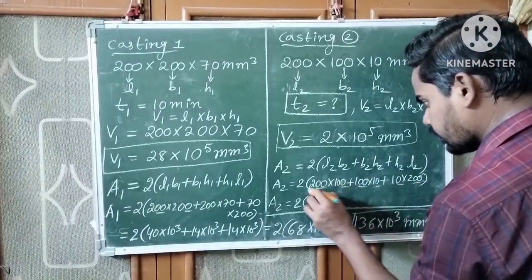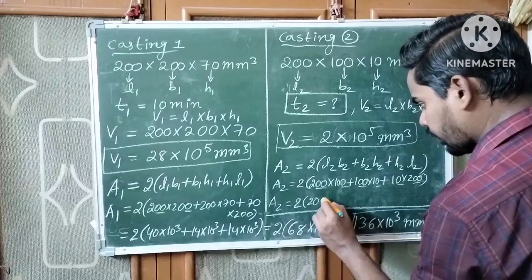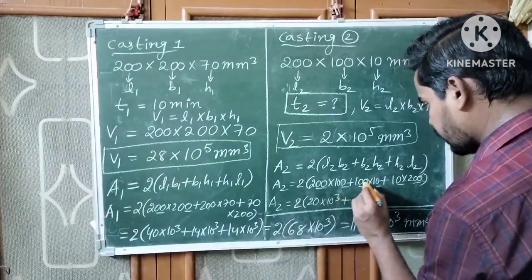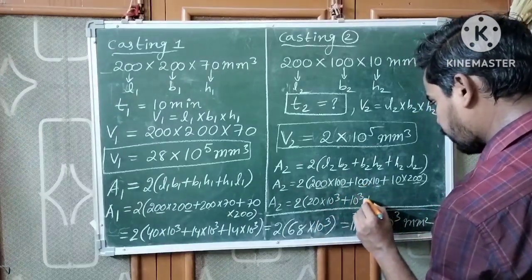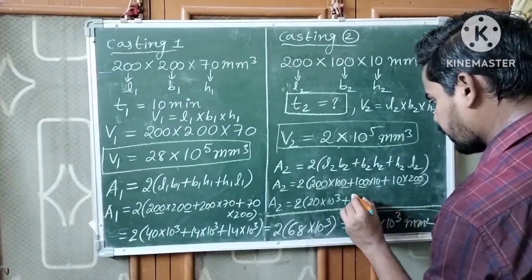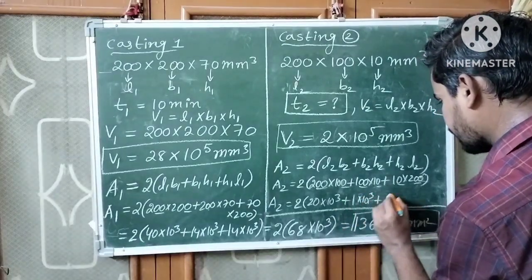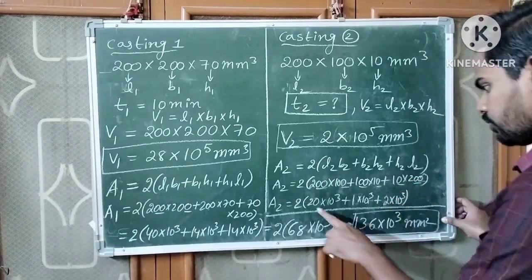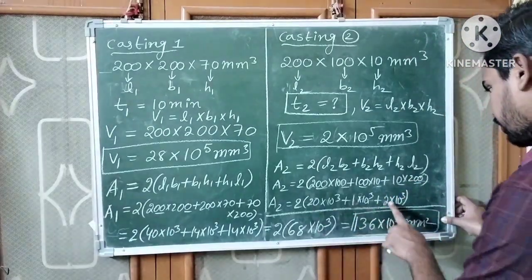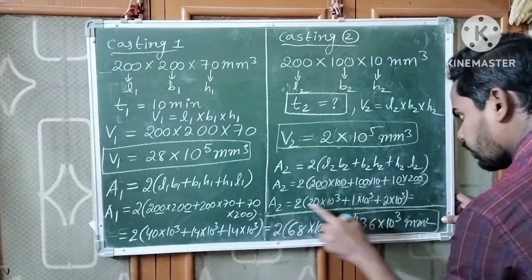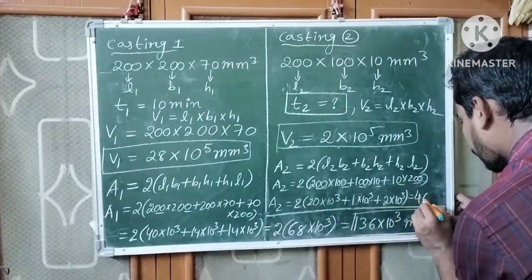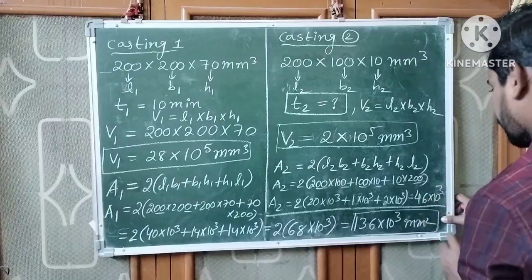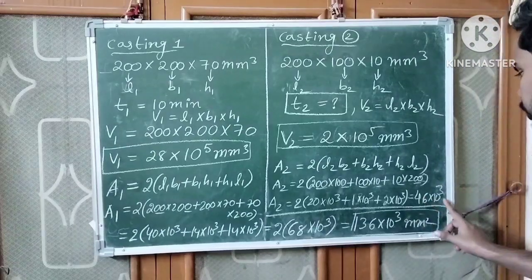Let us consider 3 zeros. 2 tens are 20, so 2 into 10 cube, plus 1 into 10 cube, plus 2 into 10 cube. So 20 plus 1 is 21, plus 2 is 23, and 23 into 2 is 46. You will get 46 into 10 cube mm square.